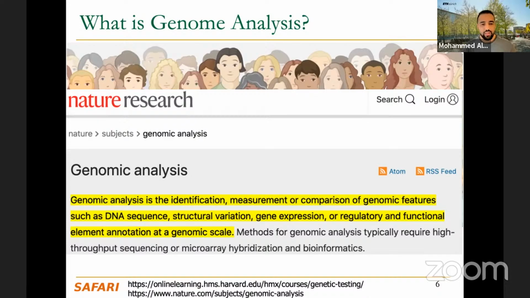When you want to analyze a genome, we want to study, identify, measure, and compare genomic features and understand them at the very low level, which is the DNA. And then we can move one step further to RNA, then to the protein, and then understand the disease.